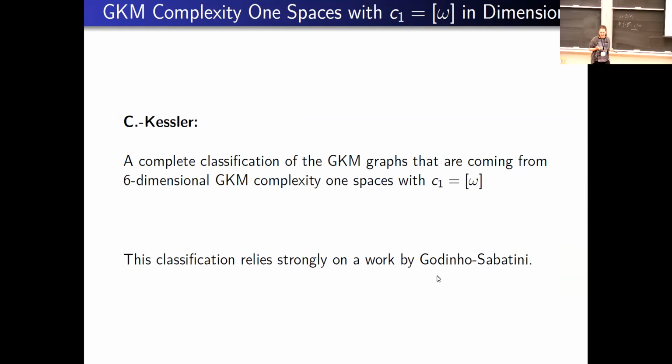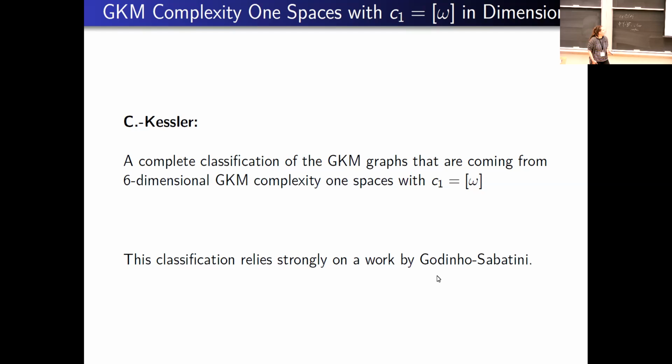As many people in the audience know, when you have a GKM action, you have naturally a graph associated to the action. And with Liat, we gave a complete classification of these GKM graphs in dimension 6 for complexity 1 spaces with the C1.